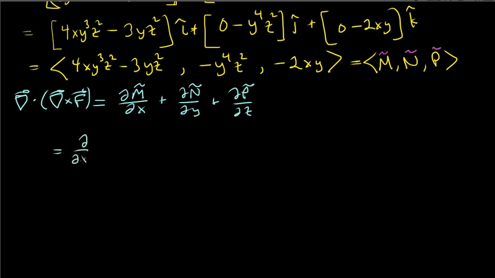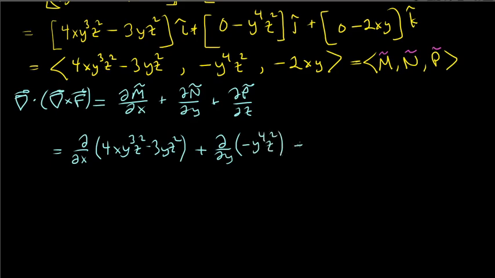So the partial of this with respect to x, oops, that's 4y cubed z squared, minus 3yz squared. Okay, plus the y partial of N twiddle, which is just negative y to the fourth z squared, and then plus the z partial of P twiddle, which is negative 2xy.